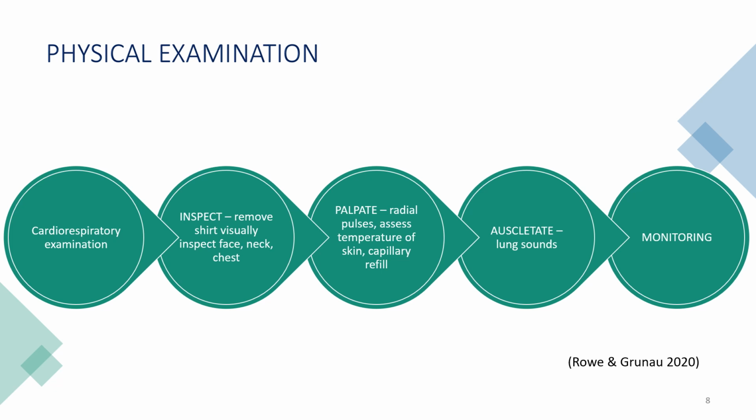Determine the strength of radial pulses, assess the skin for temperature, whether it is cool or warm, and assess capillary refill. Auscultate the lung fields for additional sounds and reduced air entry. Monitoring should include a full set of observations, which are blood pressure, pulse, level of consciousness, temperature, oxygen saturations, blood glucose level, standing blood pressure, and mean arterial pressure.